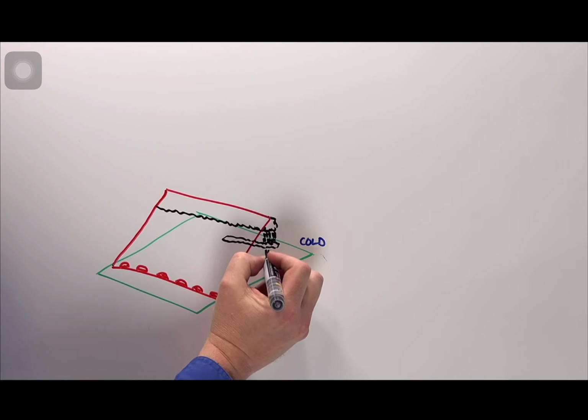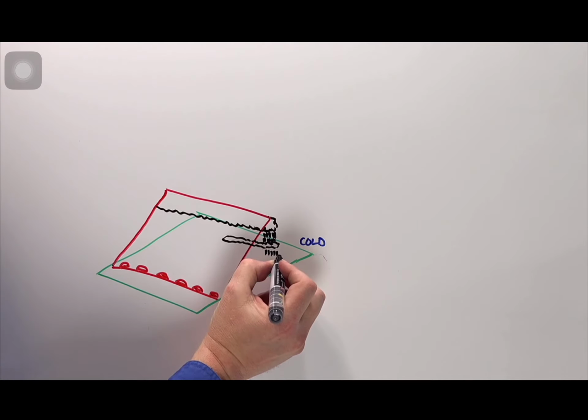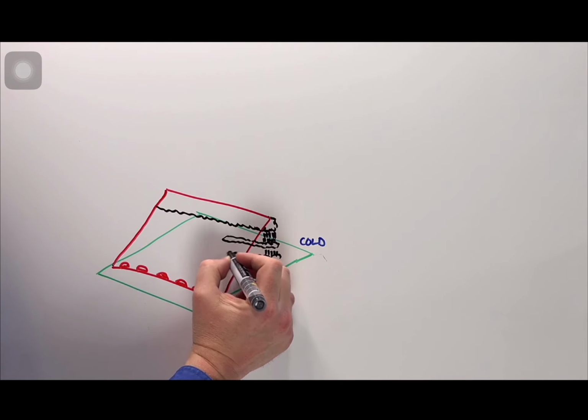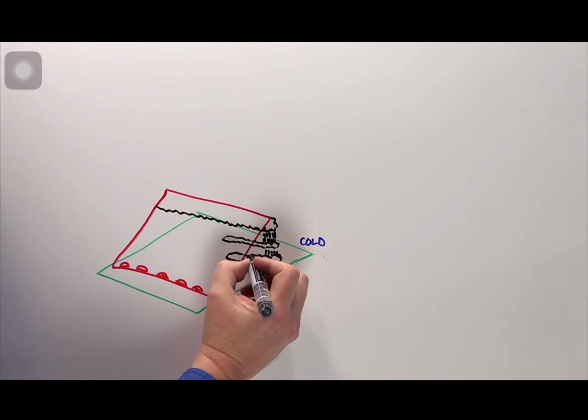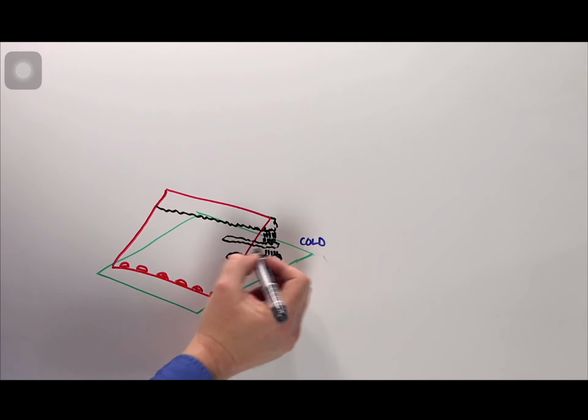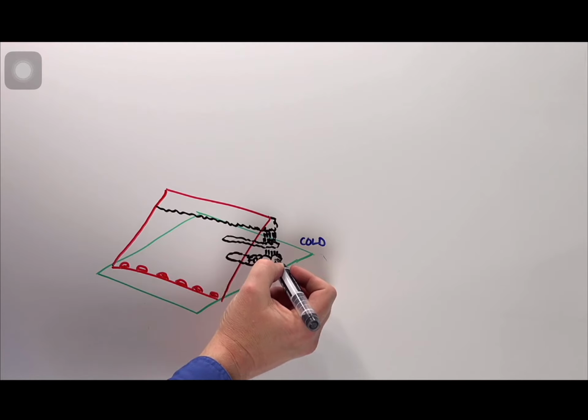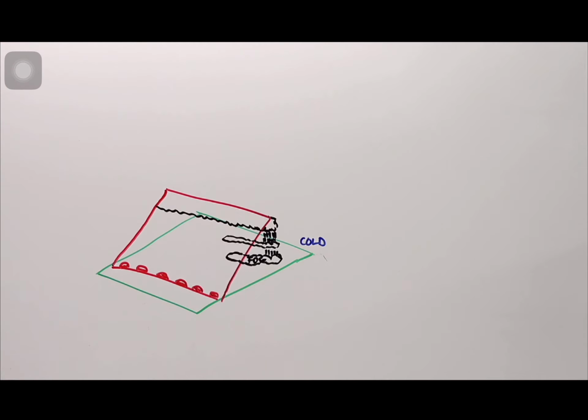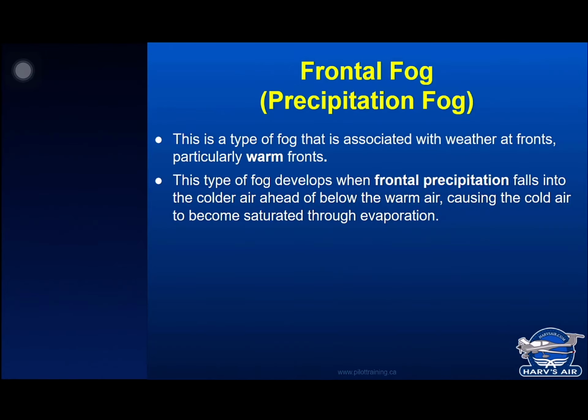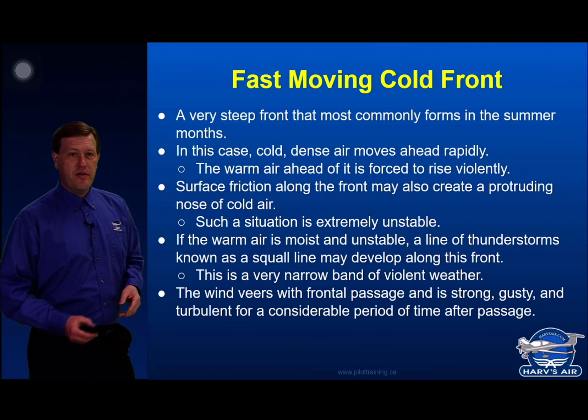It will continue to fall, and eventually as it hits the surface, we will end up along the surface with fog as this surface becomes saturated and the air just above the surface becomes saturated with that falling rain. So precipitation fog is caused by the moisture from the rain saturating that cold air. All right, so frontal fog.